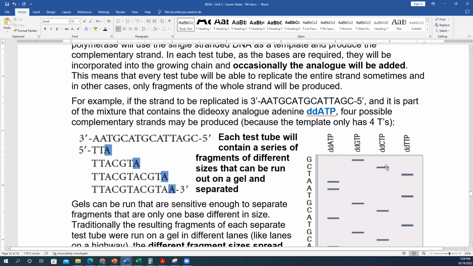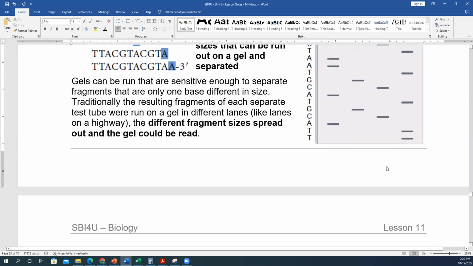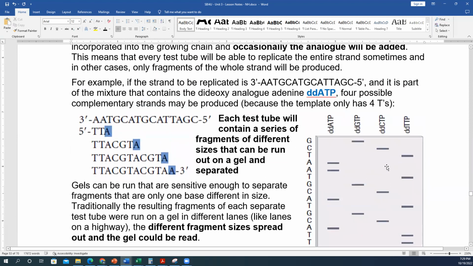As an example, if in your sequencing you have this sequence and you want to sequence it, you're going to be replicating it, and it's part of a mixture that contains all the regular requirements.